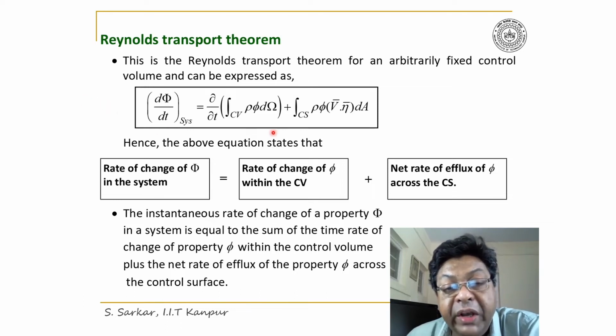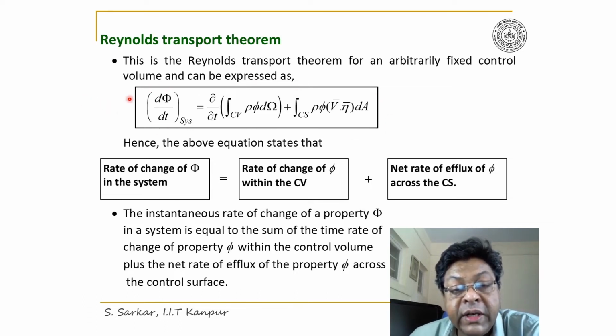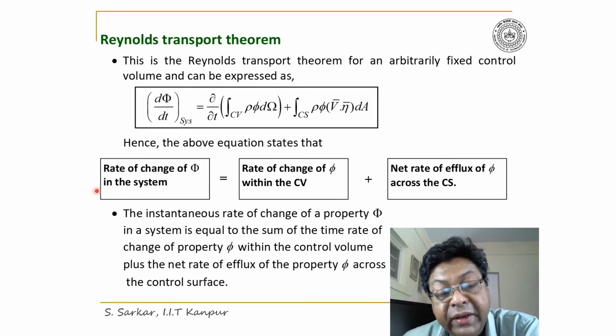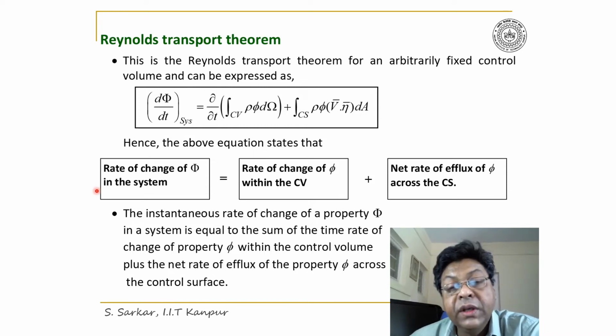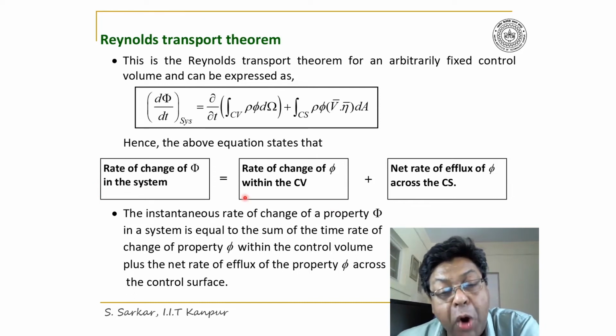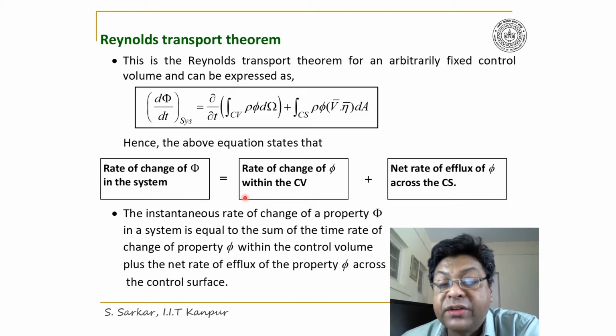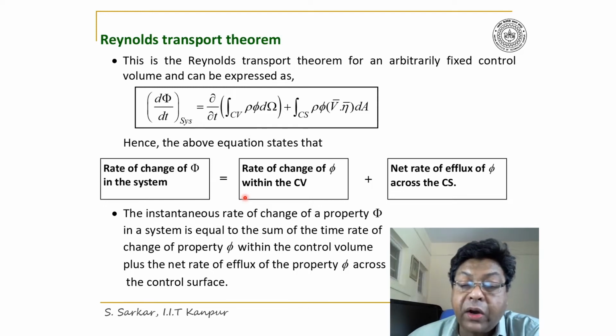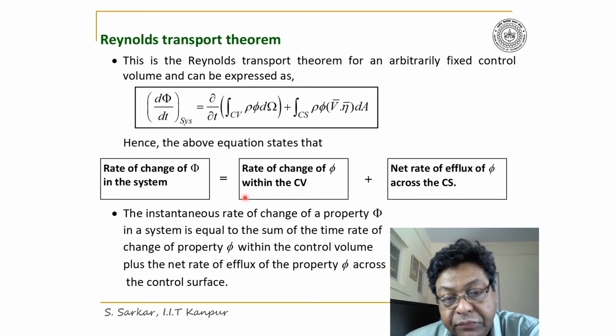So this equation can be stated as: rate of change of phi in the system is equal to rate of change of specific property within the control volume plus net rate of efflux of phi across the surface.